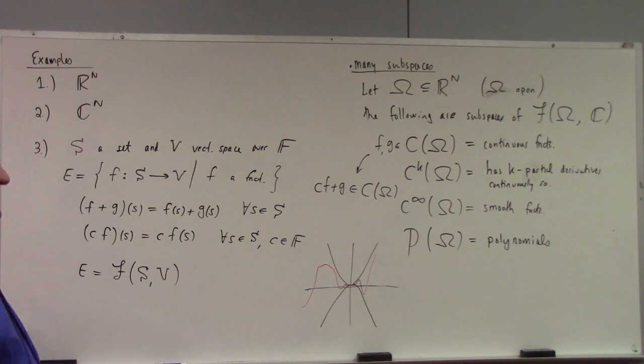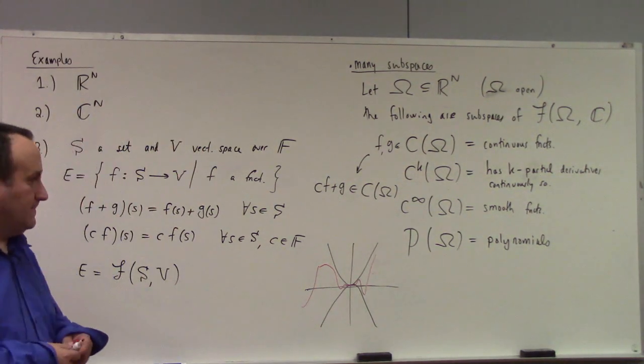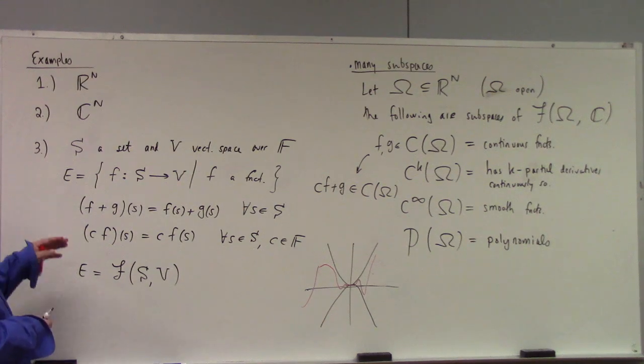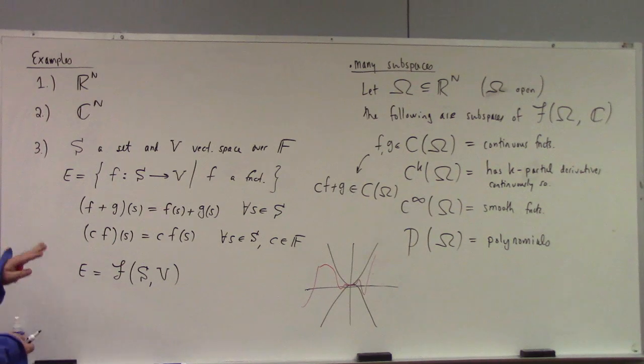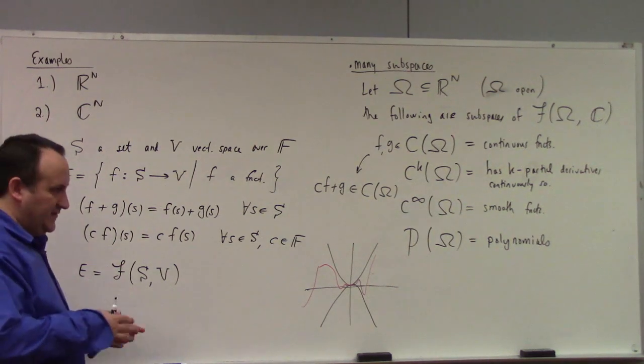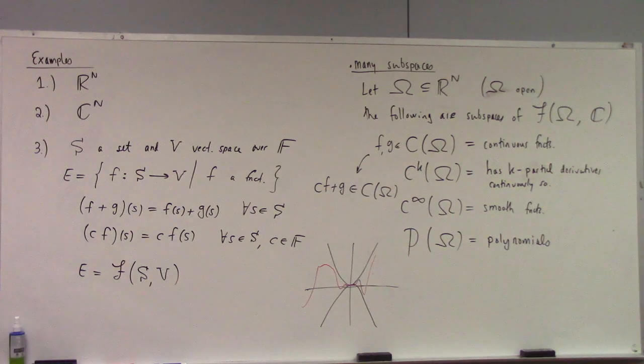This construction is not limited to just complex valued functions. That's why I was saying over here, this is an incredibly general example. It's easy to glide past how abstract that is, because S could be any set. You don't need a linear structure on S at all to define those.